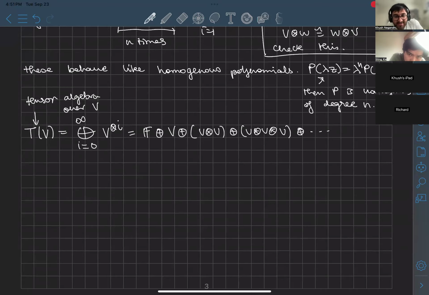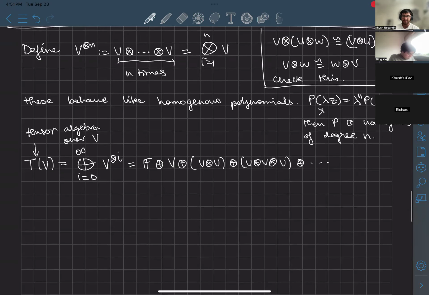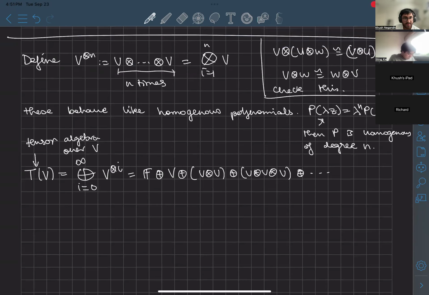Don't overthink this definition. Just think of it as a polynomial. That's the best way to make sense of this. Are there any questions regarding the definition of the tensor algebra?